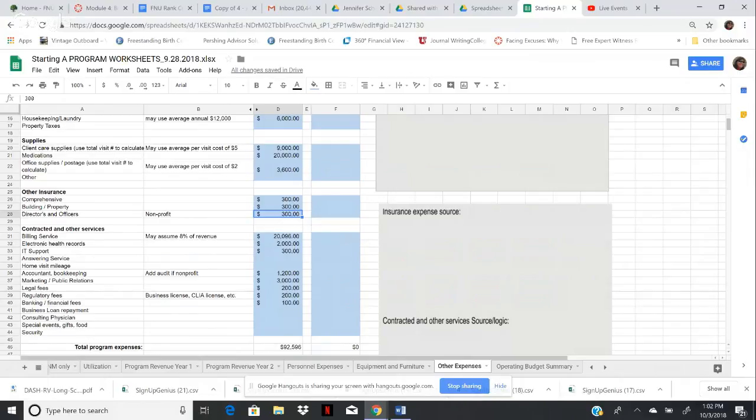So if it's a nonprofit office, then your program likely wouldn't be responsible for paying all of the directors and officers insurance, but come up with some rationale for what portion of that you are going to be allocating to your budget. And then contracted or other services includes all of these things at the bottom. And just give that some thought. You'll need to do some research.